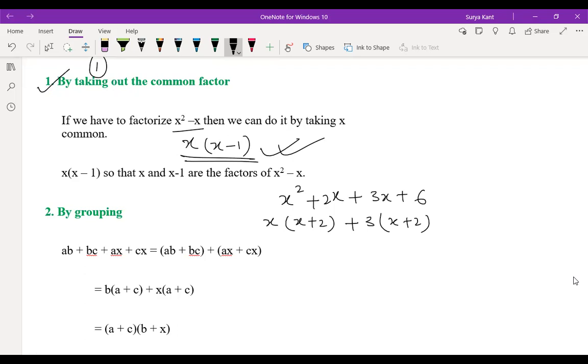If we do it like this, then what is common in these two? Tell me, children. x is common, so x into x plus 2. In this one, 3 is common, so 3 into x plus 2. So this is grouping. First group, second group. Finally we can write x plus 2 into x plus 3.